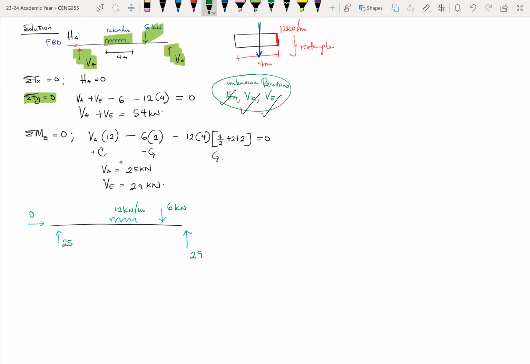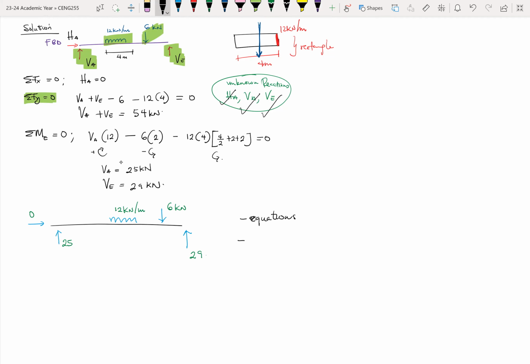Okay. So when you are dealing with shear force, there are so many ways by which we can draw the shear force diagram. You can use the equation approach, where you formulate equations for different spans of the structure.